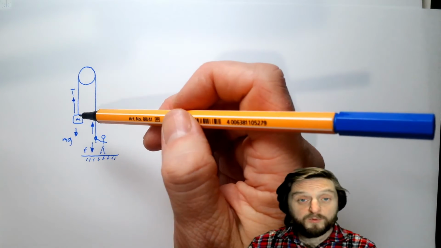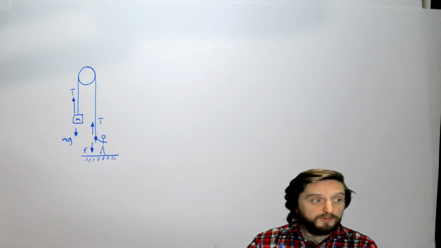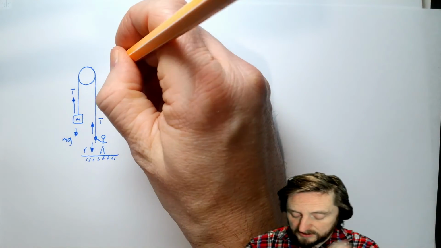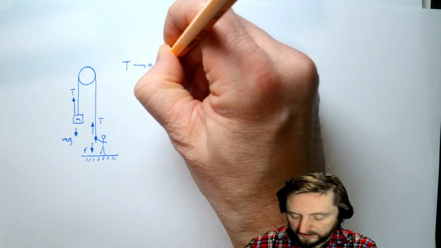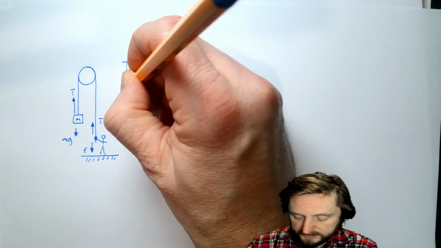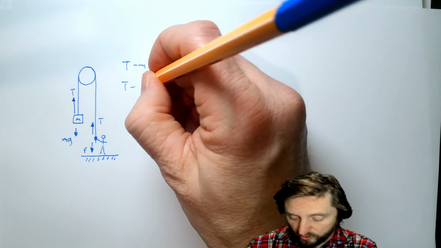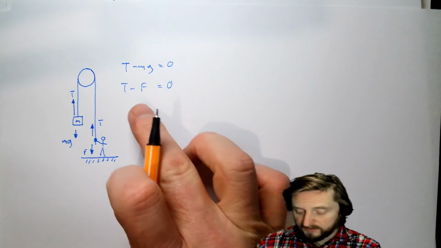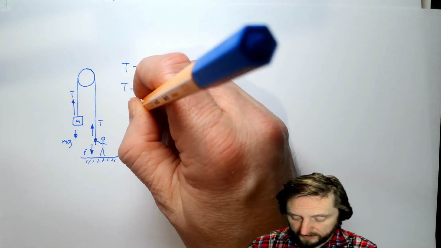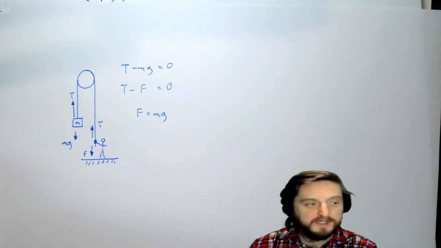Now suppose you want to pull this up at constant velocity, so that T minus mg equals 0, and T minus this force that you're exerting equals 0, you can see straight away that the force you have to apply equals mg.